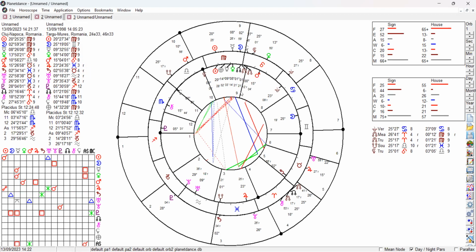That means natal Sun conjunct the transiting Sun; a birthday, a solar return, is when these two Suns are conjunct. And you would also see that your natal Venus would be conjunct the transiting Mercury. So interpret that, put it into context.